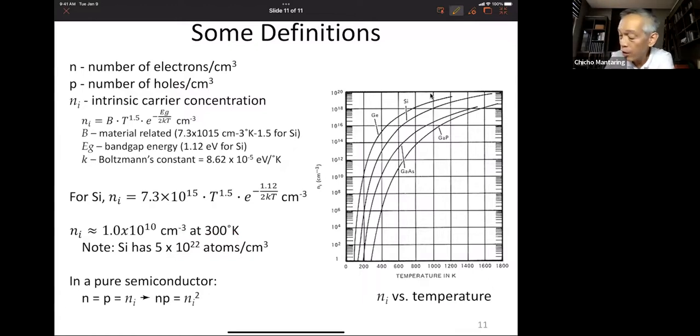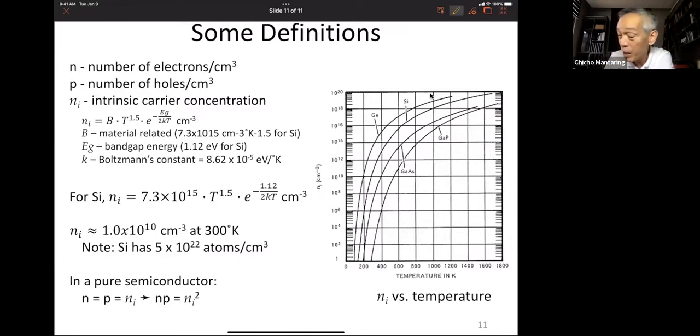Now note that silicon has about 5 times 10 to the 22 atoms per cubic centimeter. Meaning to say, for every 10 to the 12 atoms, you only have one carrier. You only have one electron that is promoted to the conduction band.